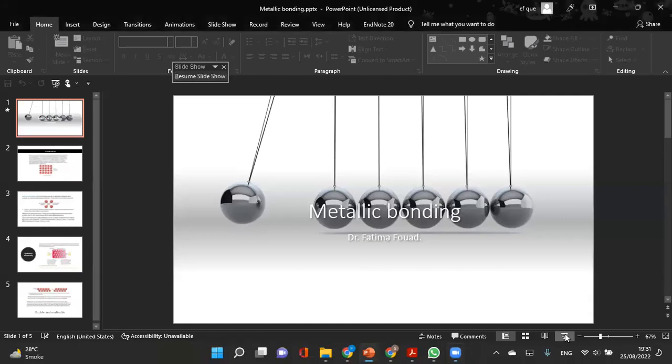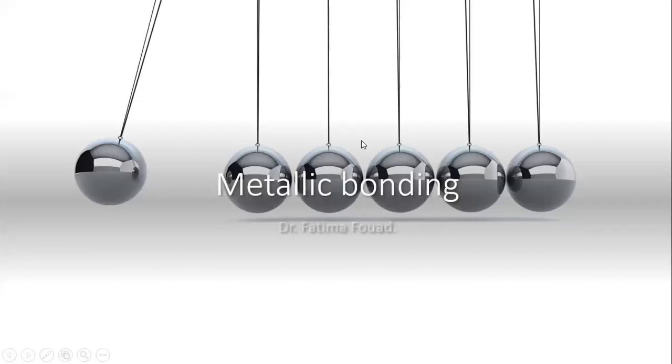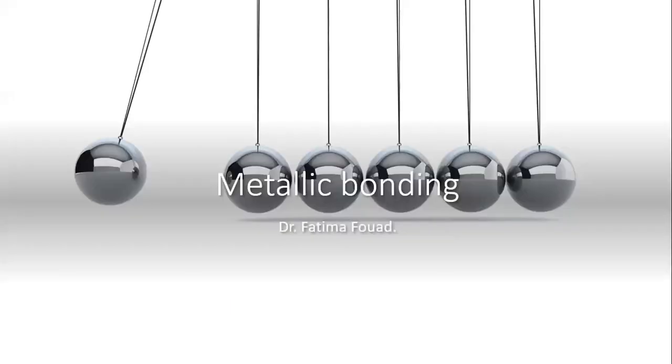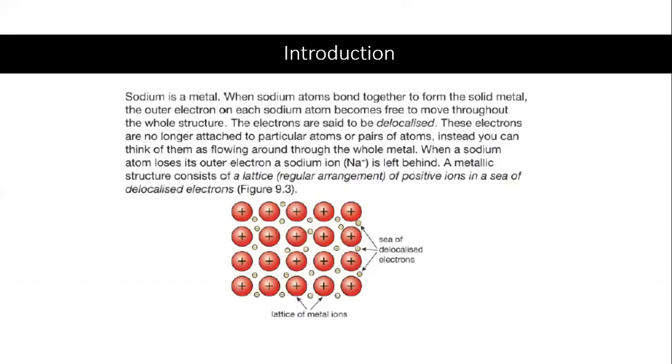All right, so let's go on and talk about metallic bonding. What is metallic bonding? Before we get into that, we need to understand the structure of metals. In the structure of metals, we have positive ions surrounded by a sea of delocalized electrons, or a sea of free electrons.